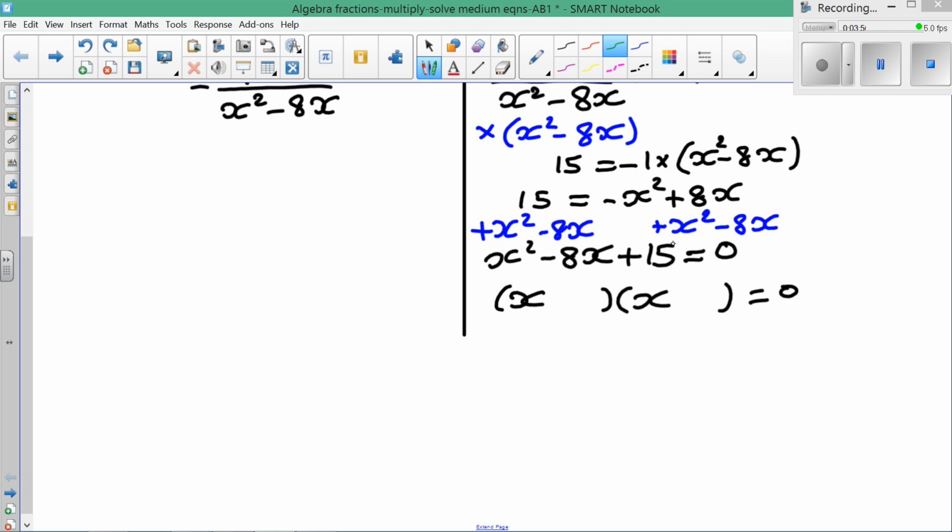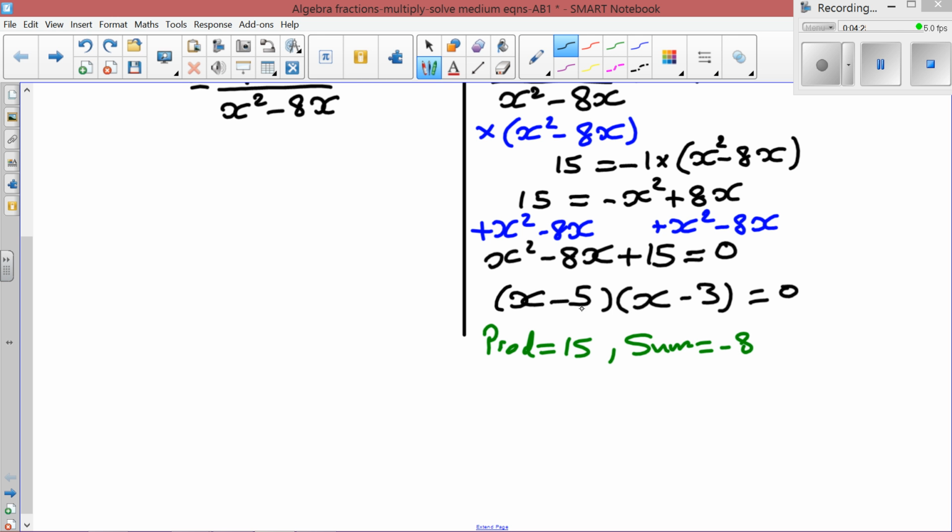I also observe that I have a product of 15, so product equals 15, and I have a sum of minus 8, which means the two numbers inside the brackets must multiply together to make 15 and add together to make minus 8. That will be minus 5 and minus 3.